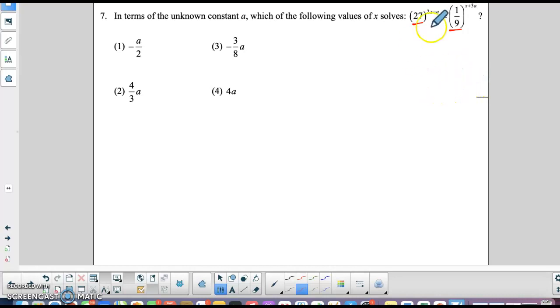The second method. All right, so when I look at 27, the numbers 27 and 9 stand out. I'm thinking about common base 3, right? I know 9 is a fraction, but we can write the fraction with negative exponents, so the 1 doesn't really matter. What you need to pay attention to is the denominator 9.